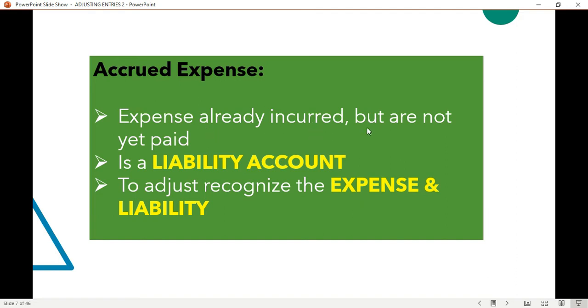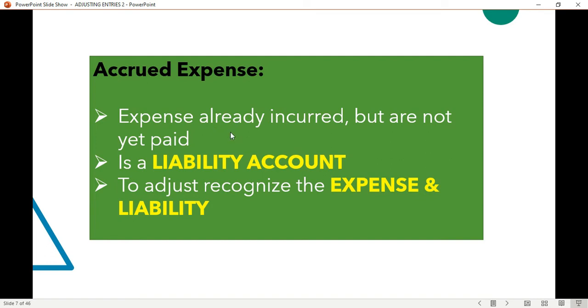Accrued expense is an expense already incurred but not yet paid. So for example, you receive a utility bill and you decided to pay the next week. Supposing this is the end of the month, the end of the accounting period, and you receive a bill and will pay it next week. So this bill should be recognized as an accrued expense.